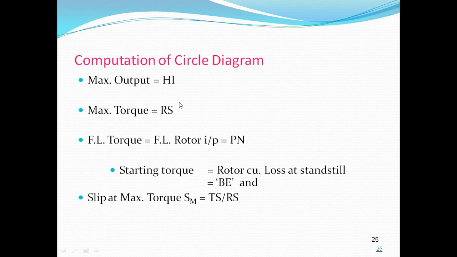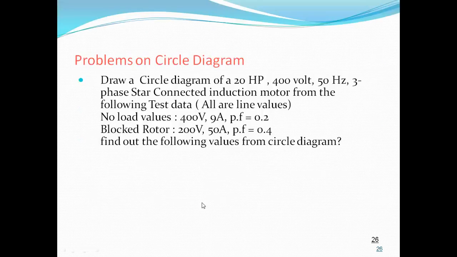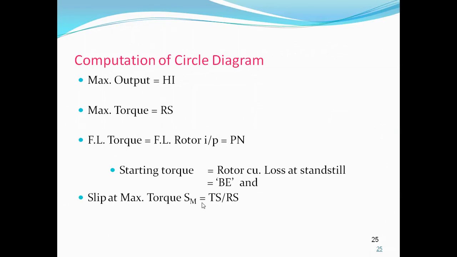Maximum output is equal to HI, maximum torque is equal to RS, and full load torque is equal to PN. For starting torque, you just have to measure BE and convert with the power scale. Slip is equal to TS by RS. So all these values we can calculate from the circle diagram.